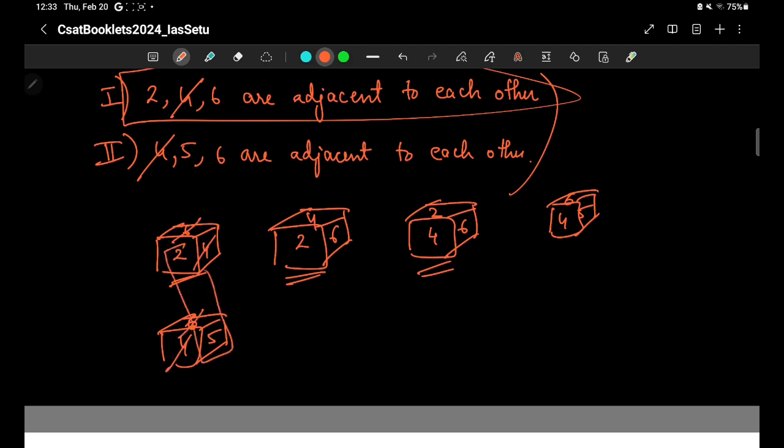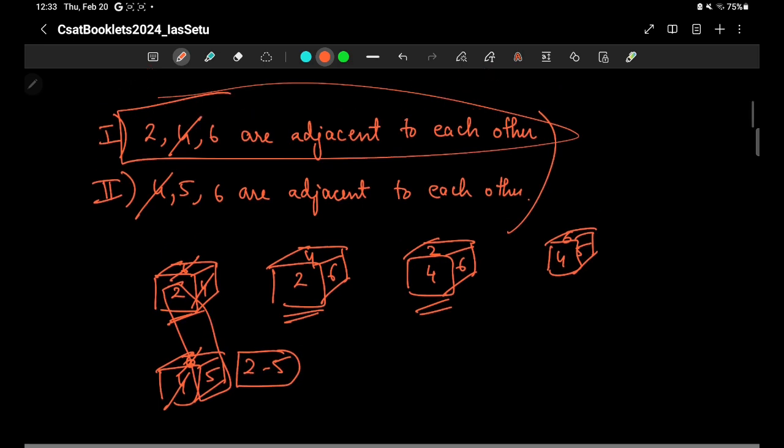What remains is just 2 and 5, so 2 and 5 are opposites. So this is how you can directly use that trick. If the master method is not working, you can use this: just cancel it off, and the remaining one will be the opposite side. And here you can conclude only one opposite side, you can't conclude the other opposite sides.